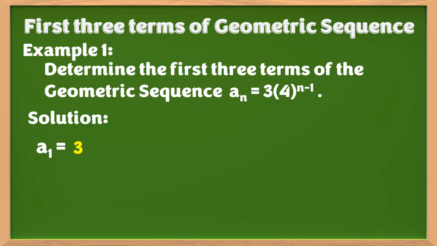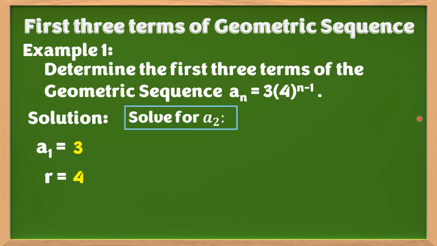And then the value of R is 4. Okay, so if the given general term is a sub n equals 3 times 4 raised to n minus 1, this is the first term, which is 3, and this is the common ratio.